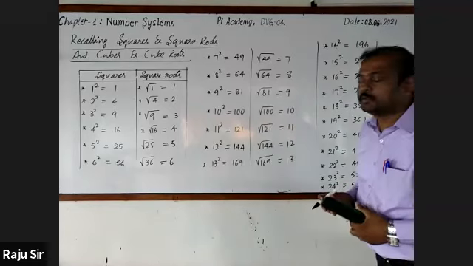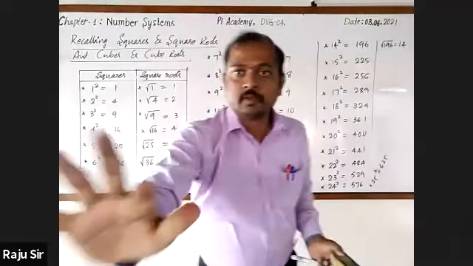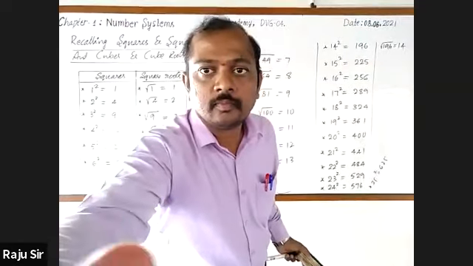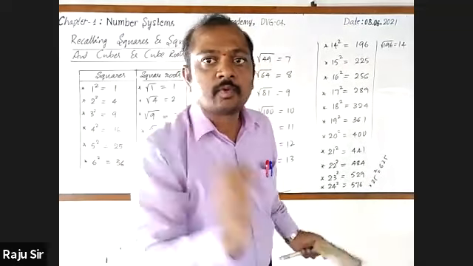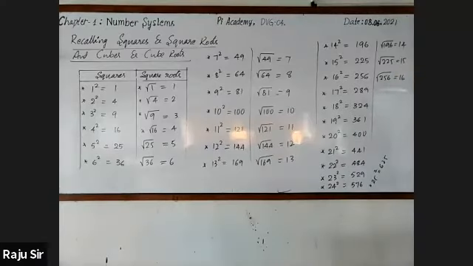Next column. The square root of 196 is 14. Then the square root of 225 is 15. The square root of 256 is 16.